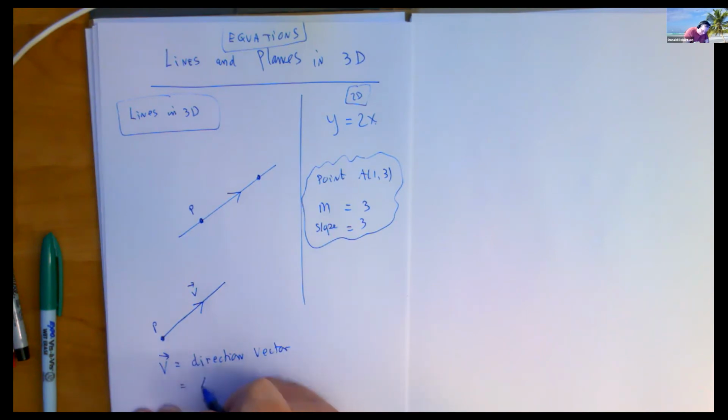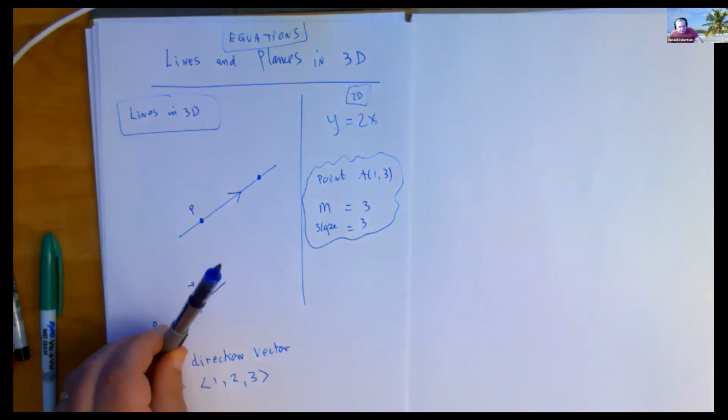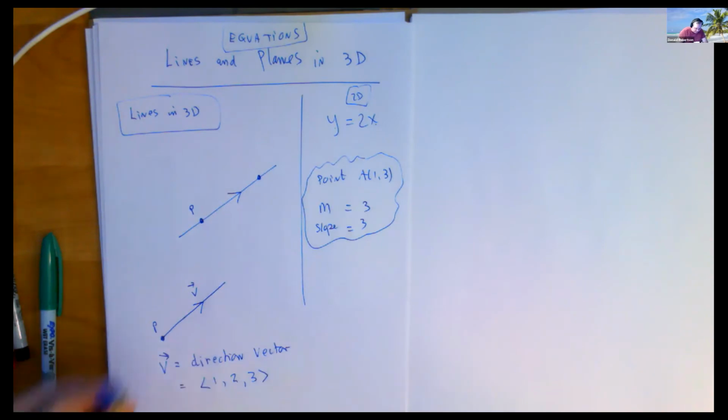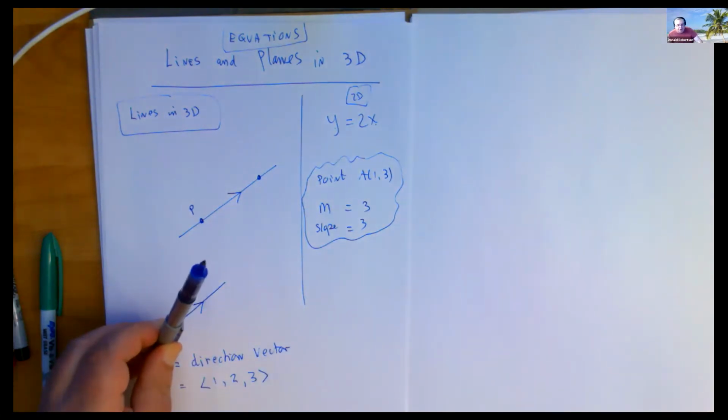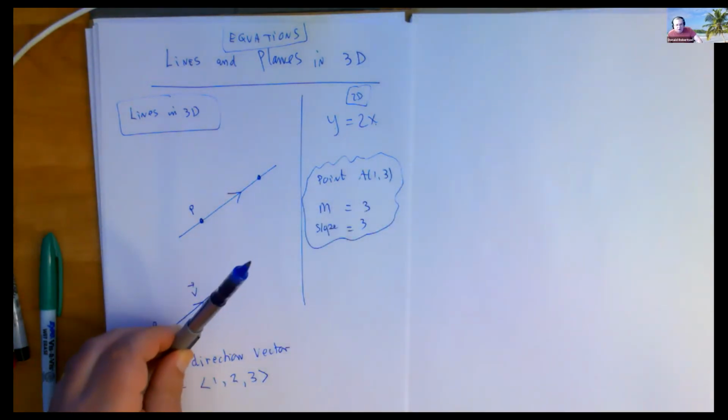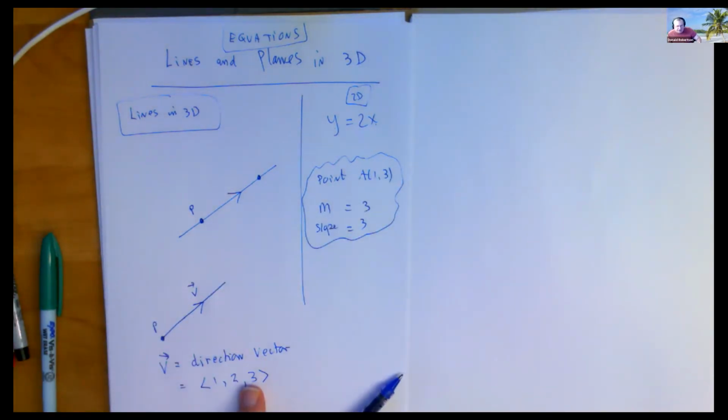So let's just pretend that this direction vector was 1, 2, 3. If you start at the point P and you want to draw the line, from P you just draw the vector 1, 2, 3, and then imagine that vector just continuing, like a space rocket, forever. Wouldn't that generate a straight line?